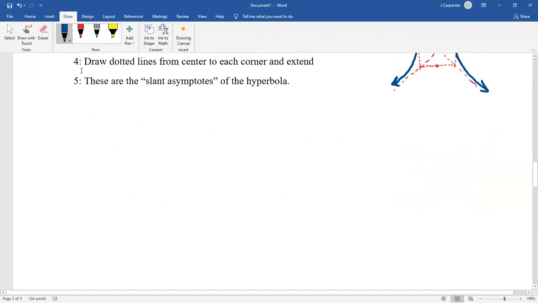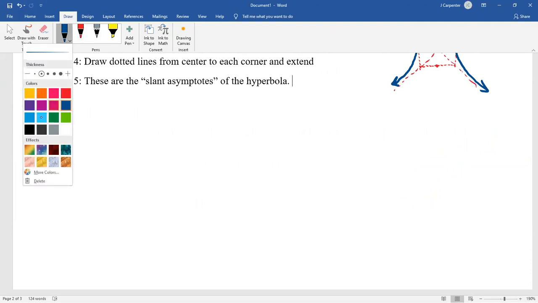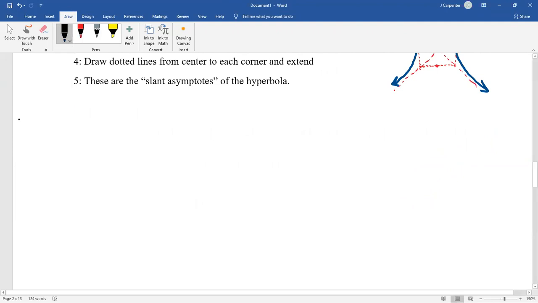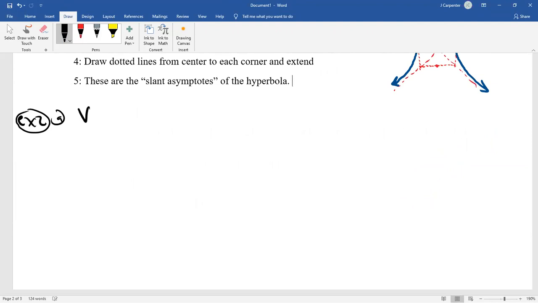So let's go back to example, do I want to redo it? No, I'm going to do a new one. Example 2a. Let us find the vertices, find the foci, and then graph.